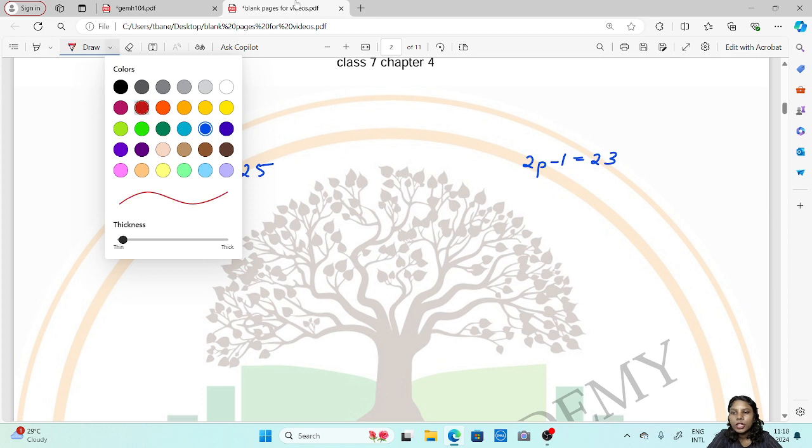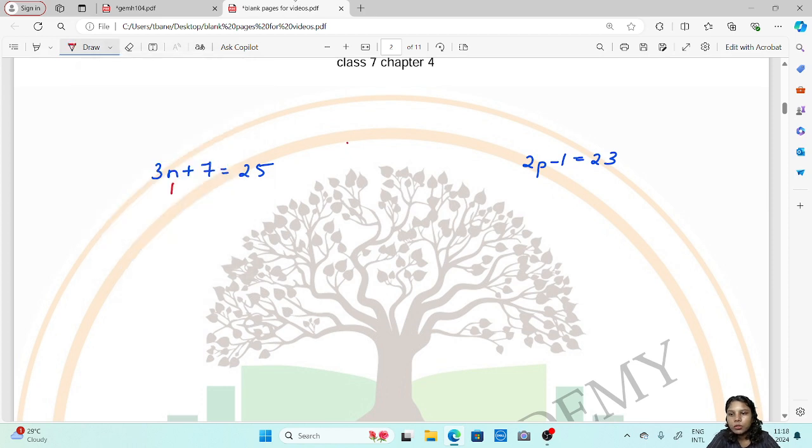Let's understand what the different parts in this equation are. This is the variable, so this can have varying values. Then we have this, the equality sign.